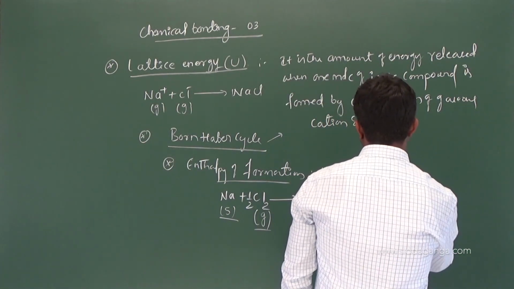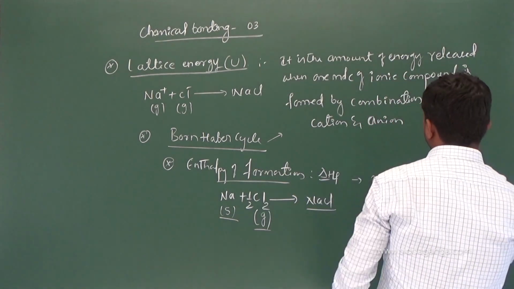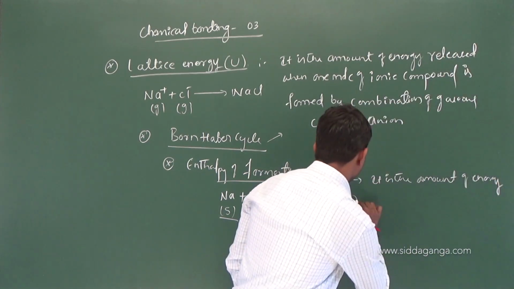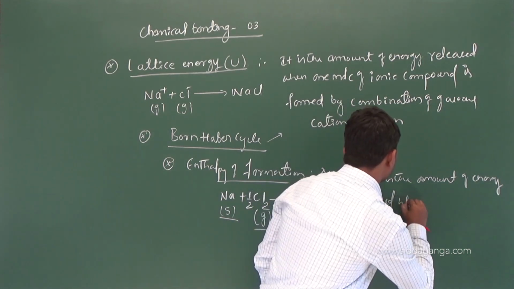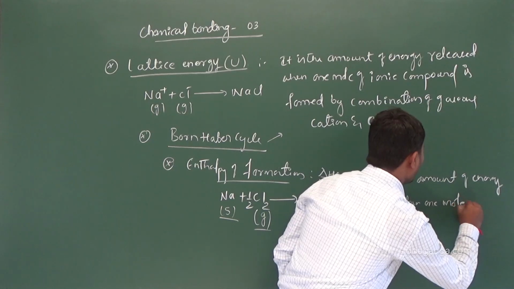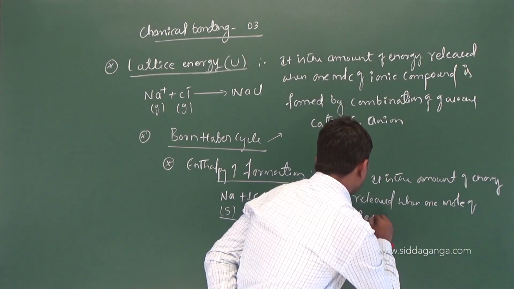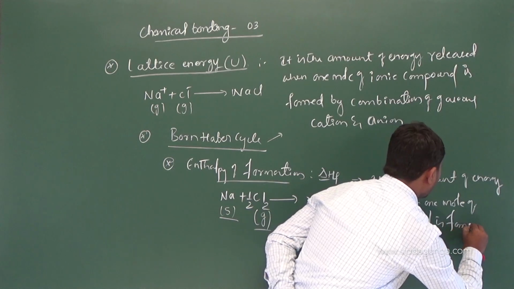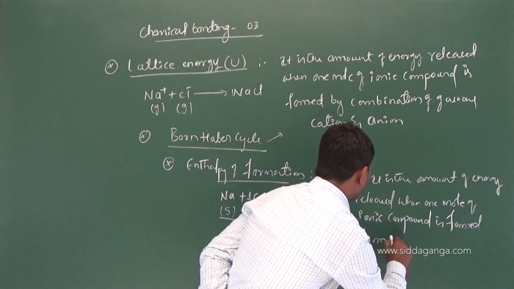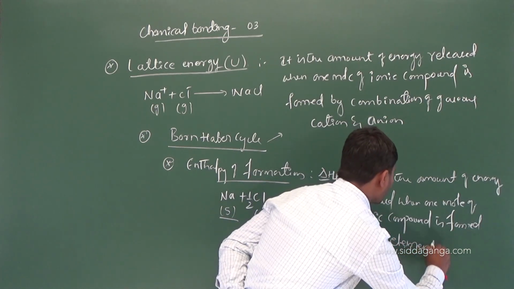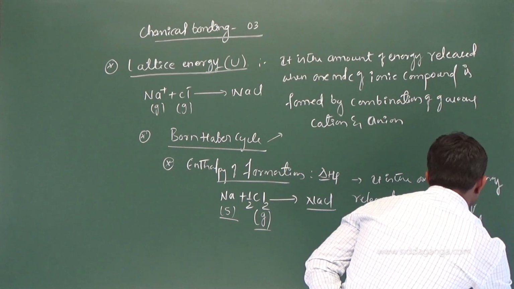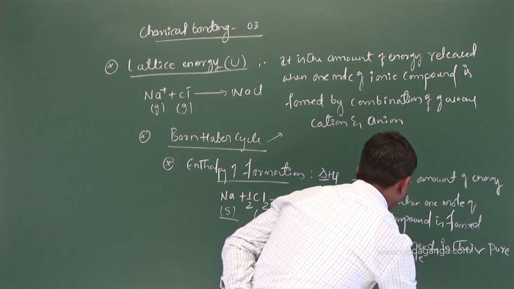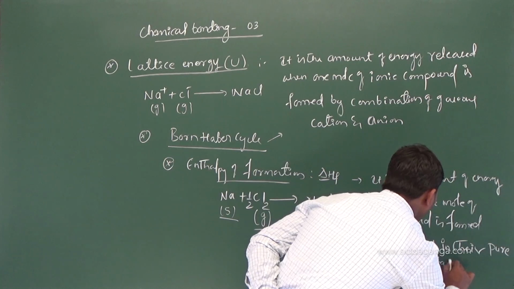That is, it is the amount of energy released when one mole of ionic compound is formed from elements in their pure and stable state. This is very much important.